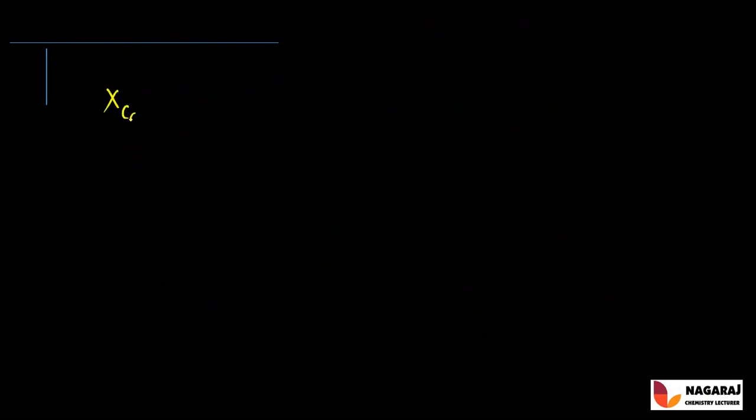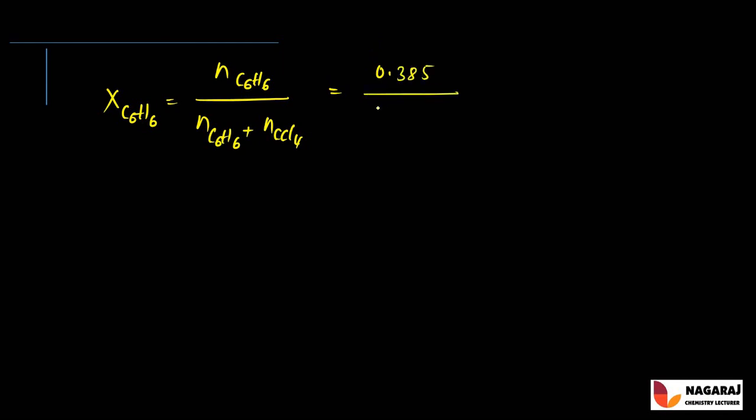The mole fraction of benzene C6H6 is equal to the number of moles of benzene divided by the number of moles of benzene plus the number of moles of carbon tetrachloride. So that is 0.385 divided by 0.385 plus 0.455. On simplification it gives 0.458.